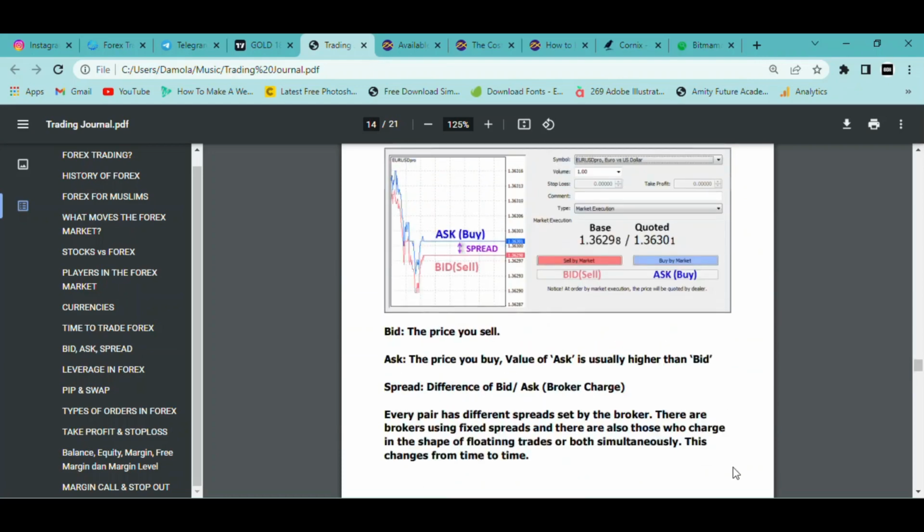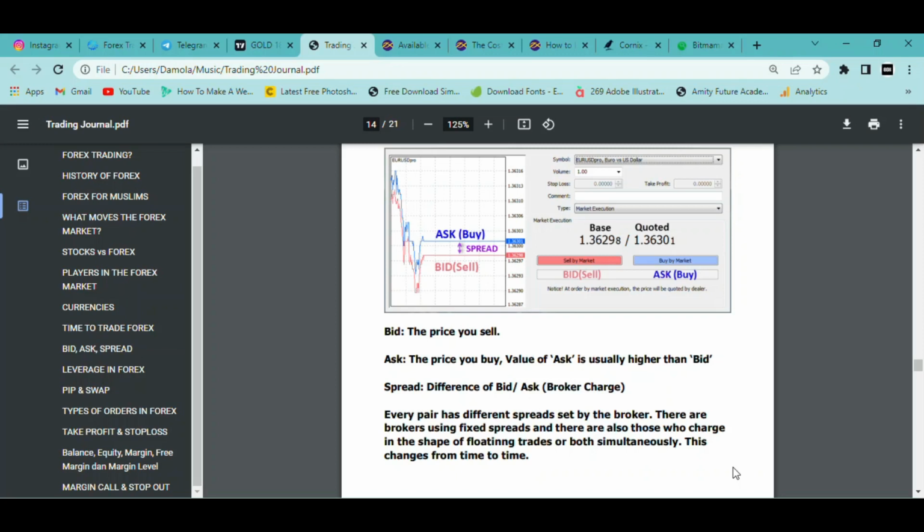Every broker has its own spread. So what is a broker? Let me just dive into that. A broker is an intermediary between you and the forex market. So basically what that means is a broker helps you to access the forex market. You make your fundings through the forex broker accounts. We have a lot of brokers out there.